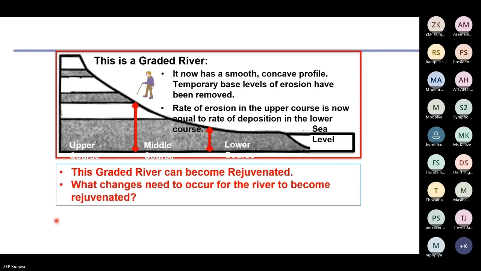Now, the graded river can become rejuvenated. Remember, if the river becomes rejuvenated, it means it will gain its erosive power. Therefore, there are going to be some changes in the profile of the river, because now the river is eroding more than it used to. So what changes need to occur for the river to become rejuvenated?